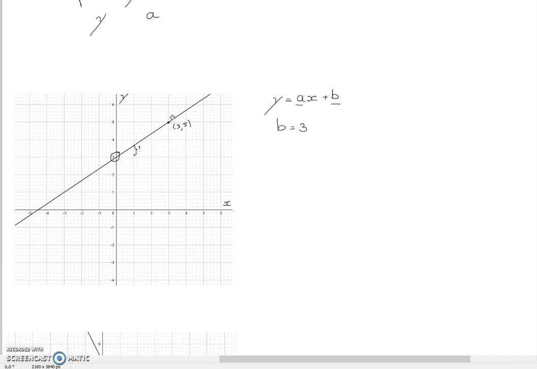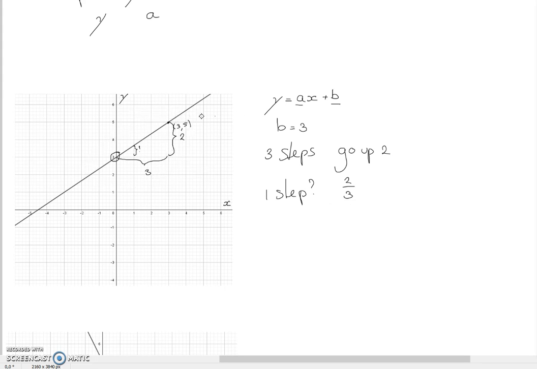So in order to get there, the line has to go 3 to the right, and it goes up by 2. So if in 3 steps it goes up 2, then in 1 step it goes up 2 divided by 3, 2/3.